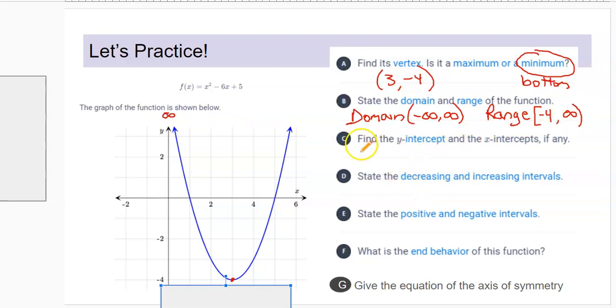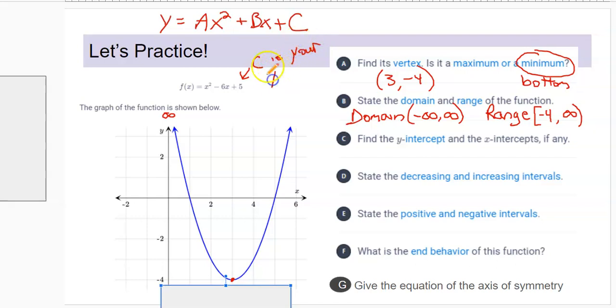The y-intercept, we don't see this on the graph. There is a y-intercept, and you can tell where it is because of the value of c. Remember, standard form for a quadratic, ax squared plus bx plus c. C is your y-intercept.